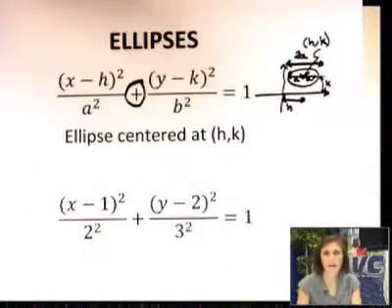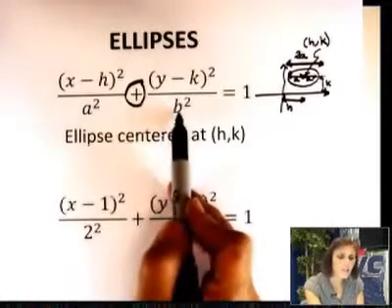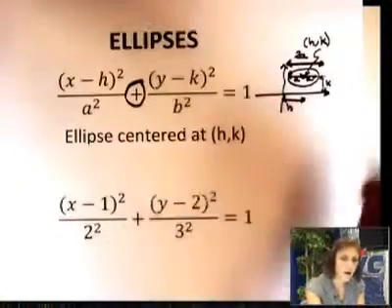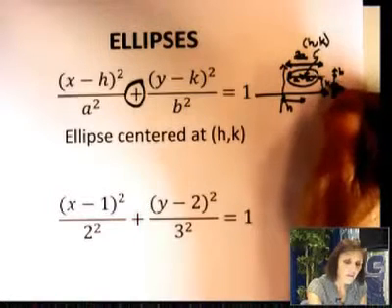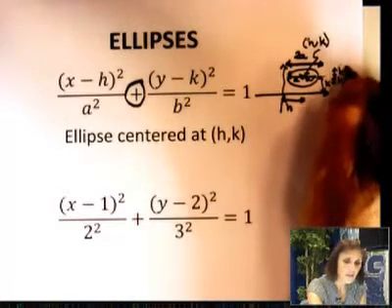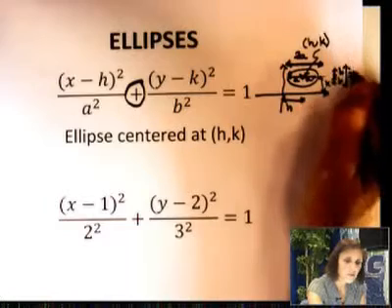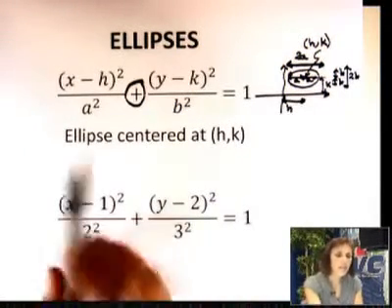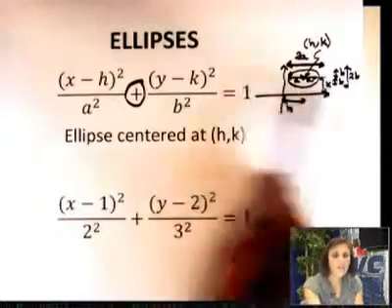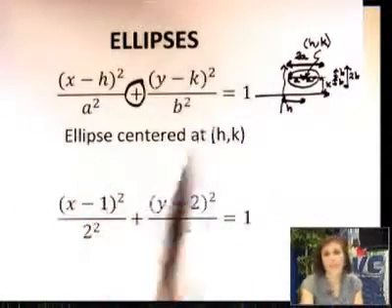Got it? Alright. This one is now b. This is under the y, so that means half of it is b, the other half of it is b. Again, together it's 2b. Does it make sense? Alright, so an ellipse centered at h, k with these dimensions has this equation.